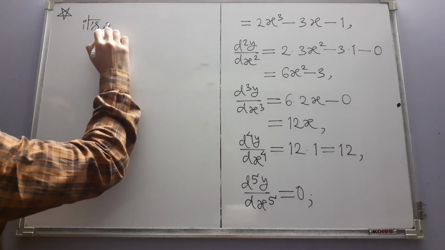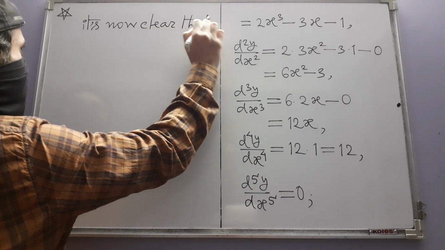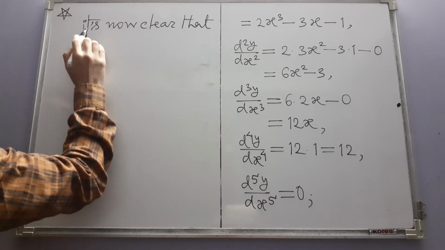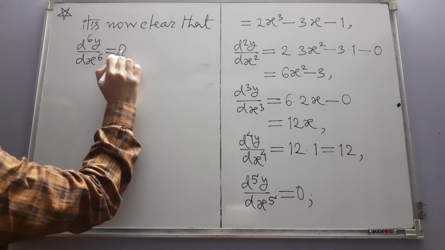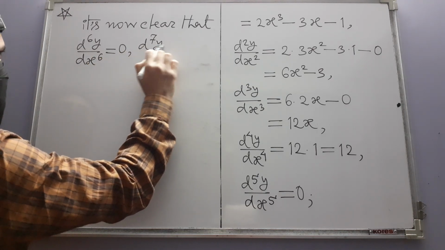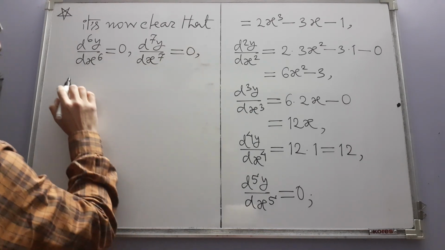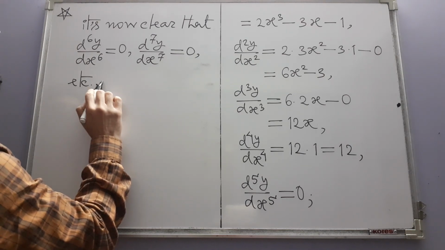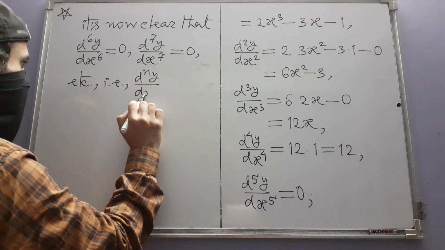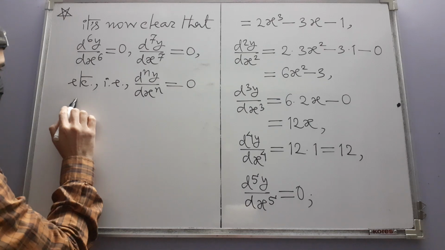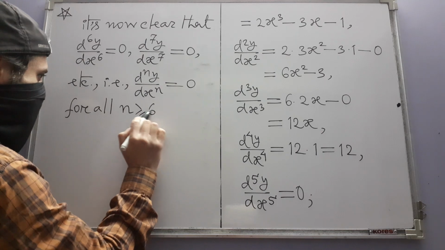It's now clear that the sixth derivative is 0, the seventh derivative is 0, etc. That is, the nth derivative is 0 for all n greater than or equal to 6.